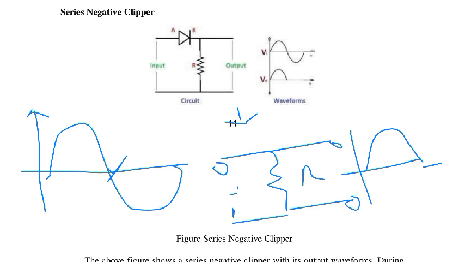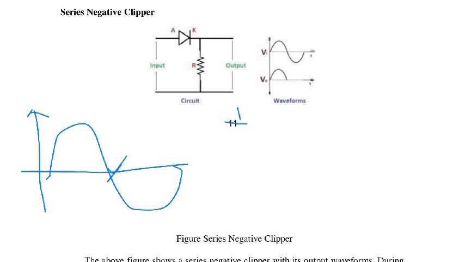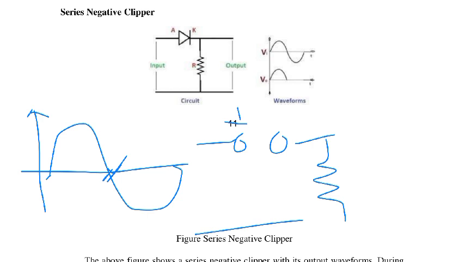Again, during the negative half cycle, this diode becomes reverse biased and the diode becomes open.